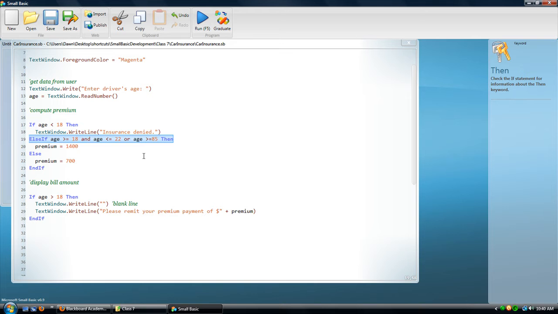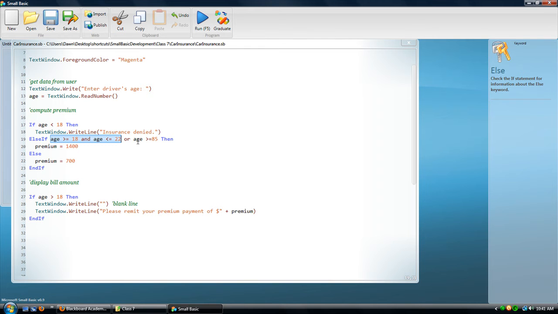If you can follow the logic here: if age is greater than or equal to 18, so we've got 18 and over, and age is still less than or equal to 22, this piece isolates the 18 to 22-year-olds, the college kids. That's one part of this relational expression.